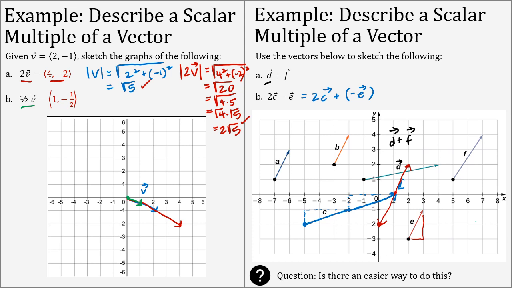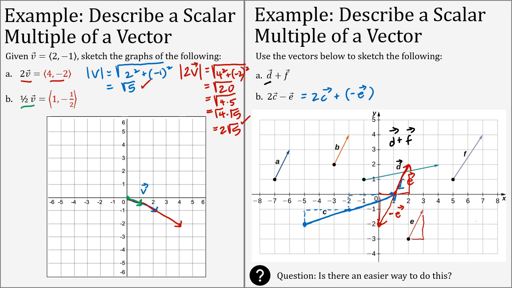Okay, so if I was going to the right 1 and up 2, that's vector E. If I go to the left 1, so I went to the right and then I went up, now I'm going to go to the left and I'm going to go down. That is actually the opposite of vector E. And adding that opposite is what gets me the subtraction. Okay, that's what gets me the subtraction.